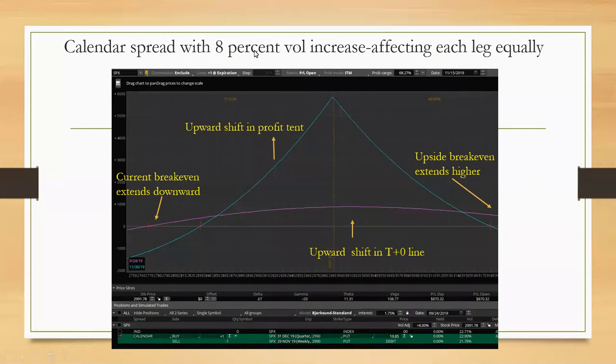Now, in this simulation, I have increased both the short leg and the long leg 8%. Maybe it doesn't happen like that in real life. It was just kind of an example. And you can also see it extends your break-even way to the upside and way to the downside with an increase in volatility.